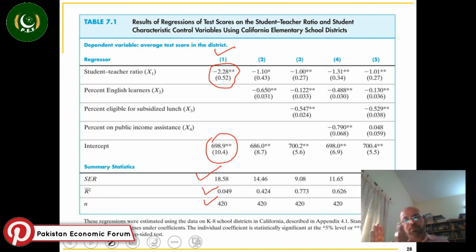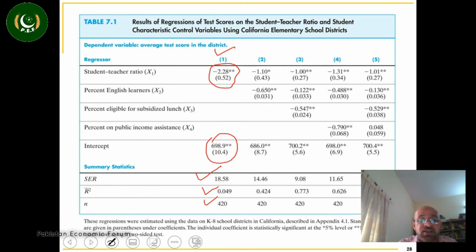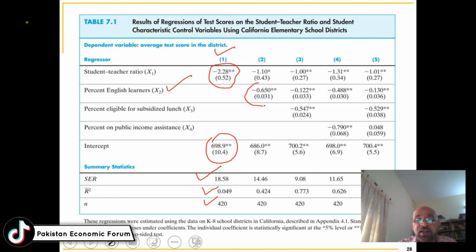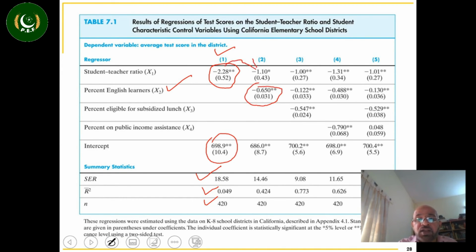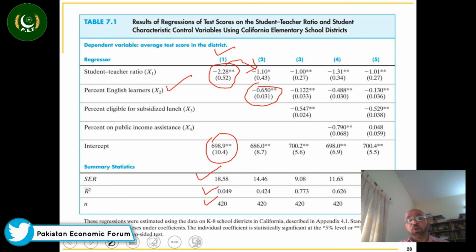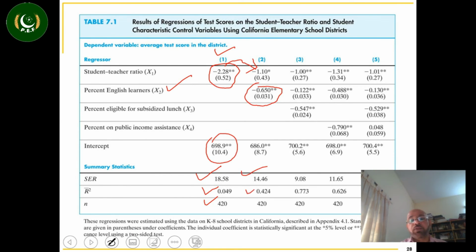Similarly, these 5 columns will be placed. In the second specification, chapter 6, we have included percentage English learners, and what do we see? The coefficient decreased to -1.1, more than a 100% decrease. Standard error of regression improves, adjusted R square improves.